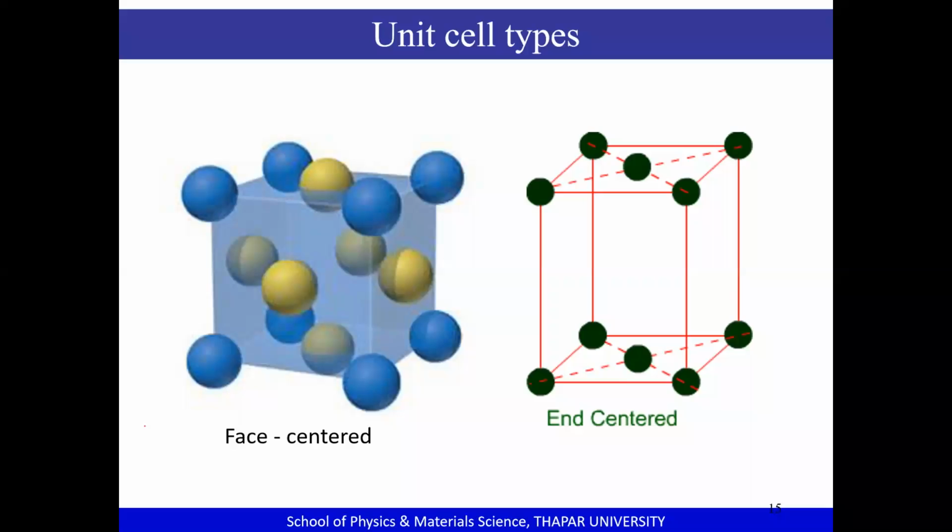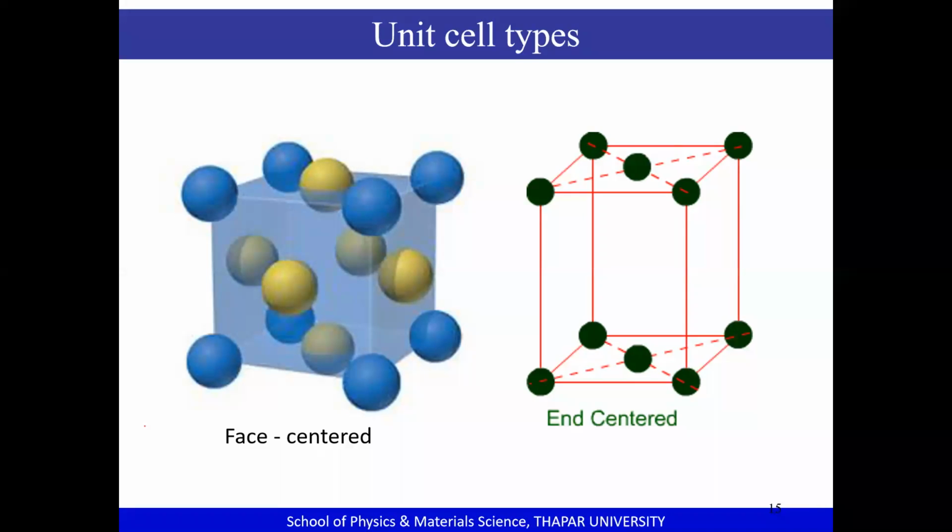And how many faces do we have? We have 6 faces. So there are 6 lattice points, each contributing half. So 6 into half makes 3, and 1 was coming from the corners. So your total is now 4. This is also a non-primitive unit cell, where the effective number of lattice points making the face-centered unit cell is equal to 4.